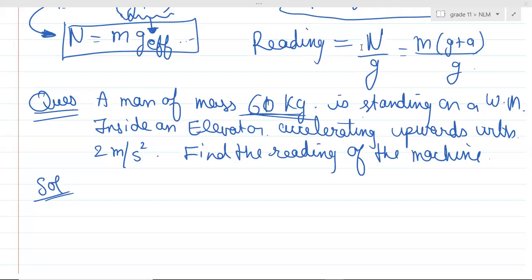The g will be taken as 10. Draw the diagram, and take the magnitude of g as 10 meters per second squared.